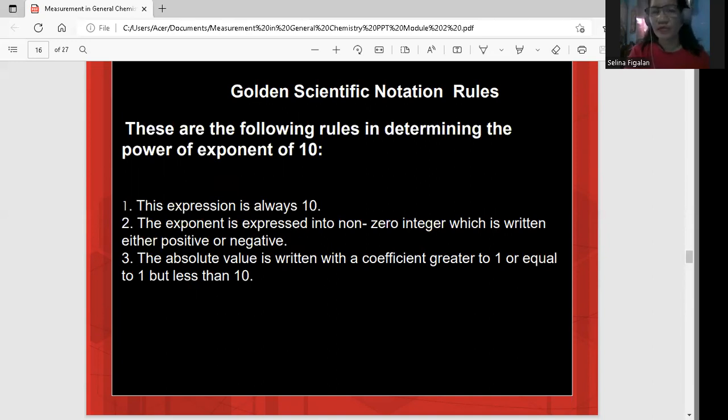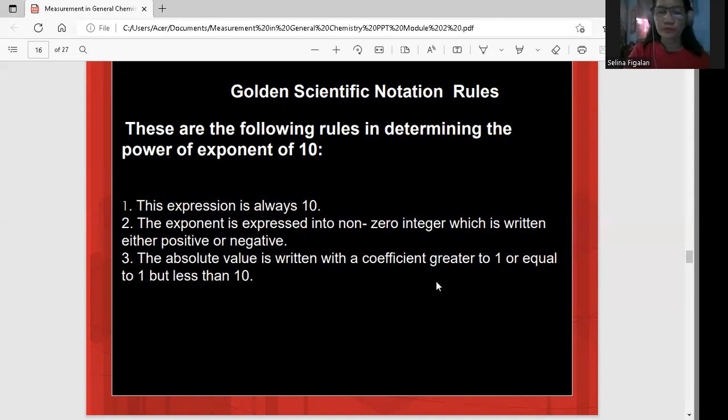So, pwedeng negative 9, pwedeng positive 9. The absolute value is written with a coefficient greater than or equal to 1 but less than 10. So, like for example, pag given is 34.3, gagawin mo siyang exponent. So, kailangan less than 10. Okay, so hanggang 9 lang siya.